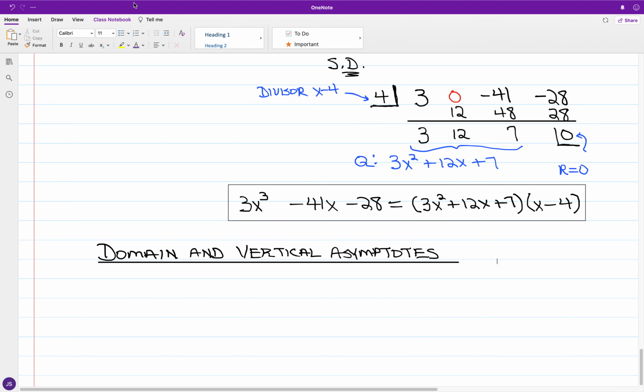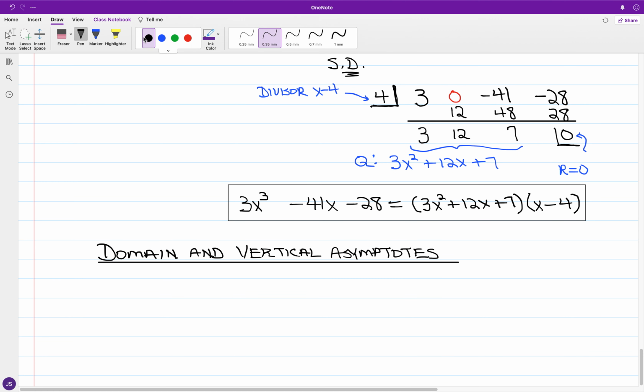Again, for a rational function, it could be f of x, but I'm just going to label this as r of x.